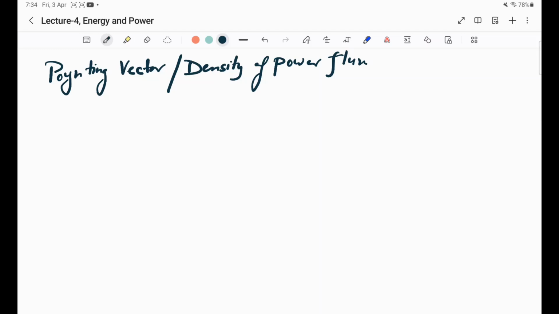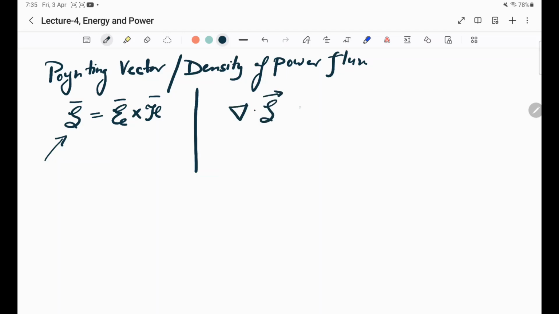A Poynting vector is simply defined as S is equal to E cross H. So the cross product of E and H is nothing but the Poynting vector S. And if you take the divergence of the Poynting vector S, you will get a scalar term. We'll call it the density of power flux PF.